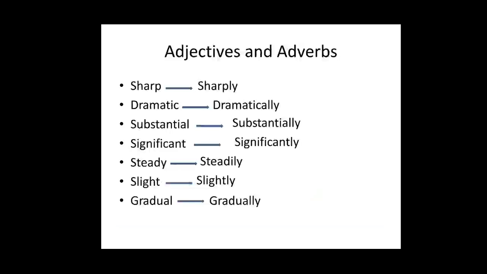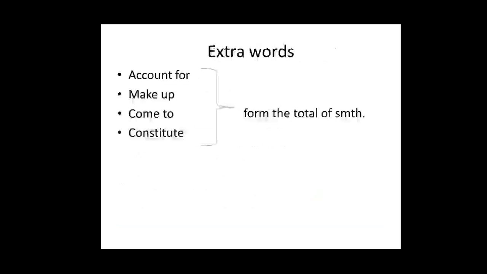This is the form of adjectives and adverbs you can use when describing a graph. Here you also have some extra words, like account for and make up. These are examples for the combinations.